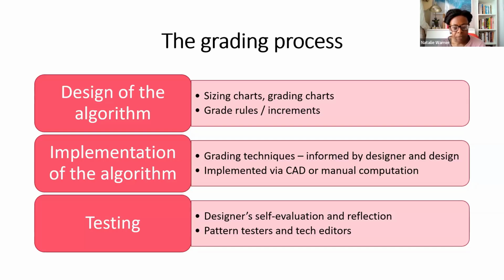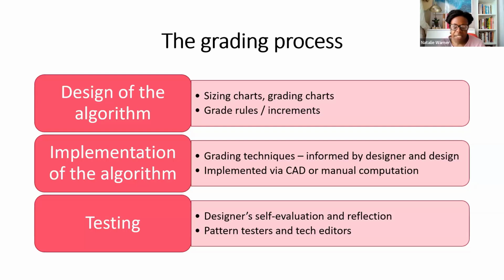And then lastly, we've got testing. And this is where you have a look at what you have done so far. There's lots of self-evaluation and reflection there. And then also in the testing, I would include pattern testers and tech editors, because they'll be checking things.